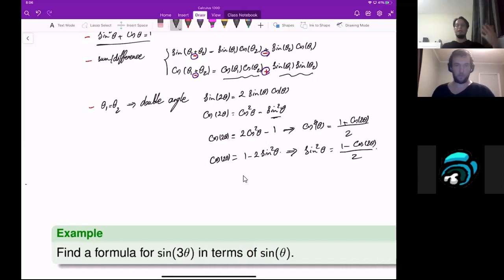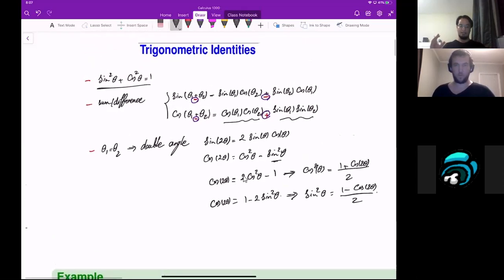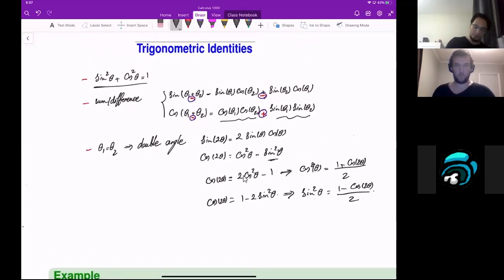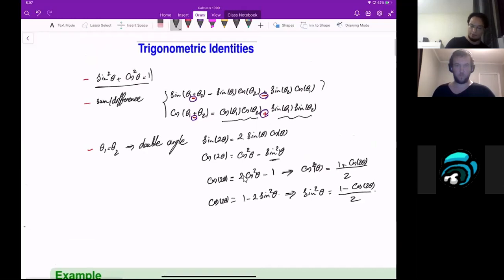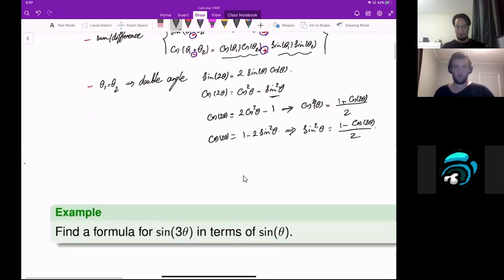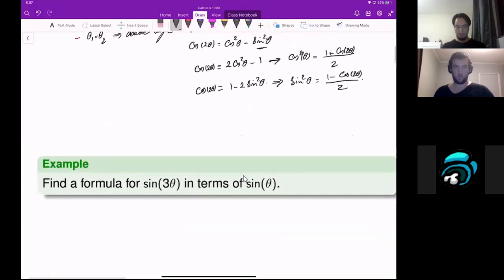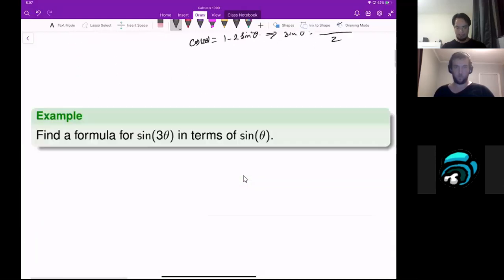So these are the identities. The important thing is that you first know the main formulas, and then you have to be able to move a little bit, not much, from here and there, and you will find more useful examples. One of the things, oh, I missed an example here.